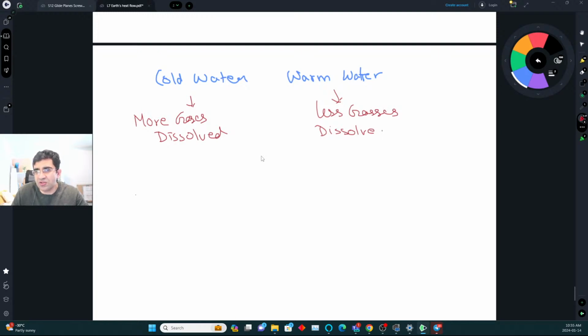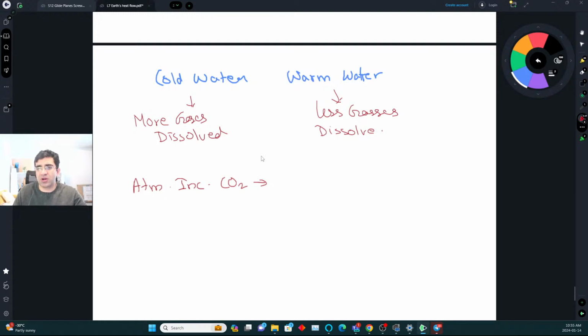So basically as you add CO2, there is increasing CO2 in the atmosphere, so more CO2 will want to dissolve in water.